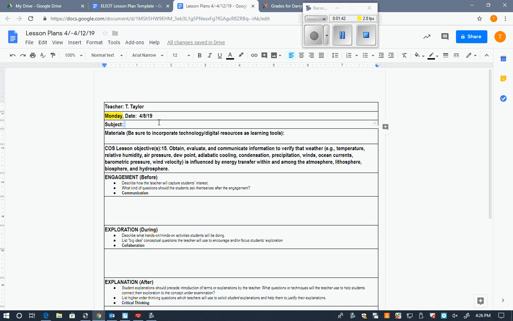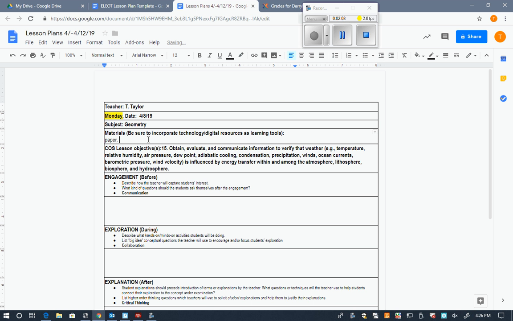The subject that I teach is geometry and algebraic connections. Of course, I do a different lesson plan for each course that I teach. And we are going to do, for this day, a breakout. And so the materials that they are going to need is paper, of course.